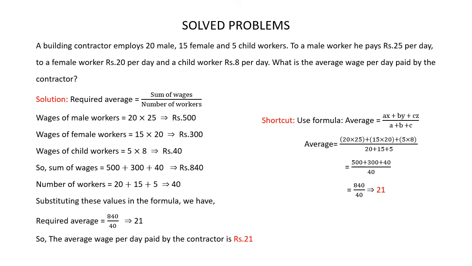Now 20 multiplied by 25 is 500. 15 multiplied by 20 is 300 and 5 multiplied by 8 is 40. So 500 plus 300 plus 40 divided by 40. This gives us 840 divided by 40, which is 21. So the average wage per day paid by the contractor is rupees 21.